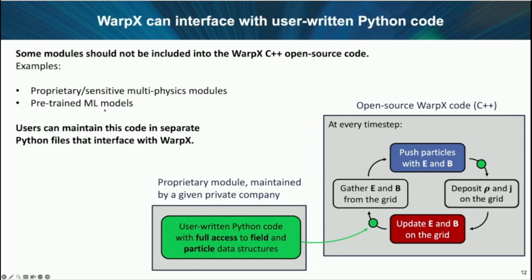Another example is if you have pre-trained ML models, usually you wouldn't want to commit the whole ML model with the weights, etc., in the C++ code. And so for those use cases, users can maintain this type of code in a separate Python file that interfaces with WarpX. And so WarpX, the C++ code, provides a Python interface that has full access to all the data, the fields, and the particles. And so you can write very easily Python models that will interact very deeply with the structures in the code.